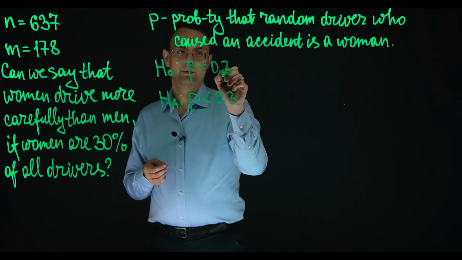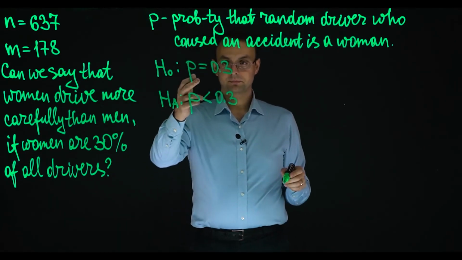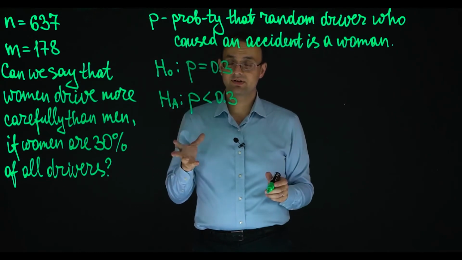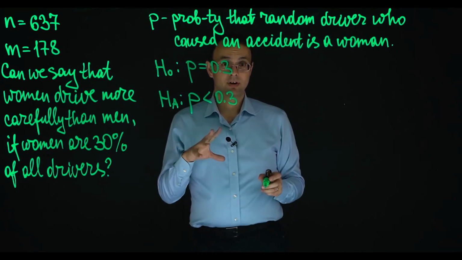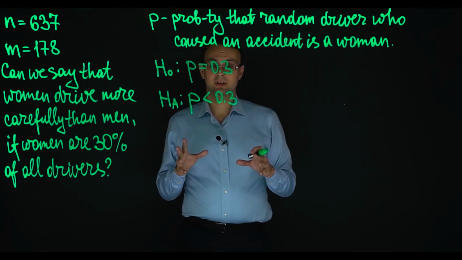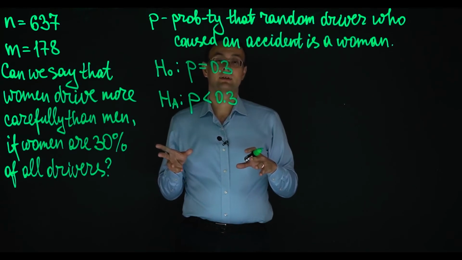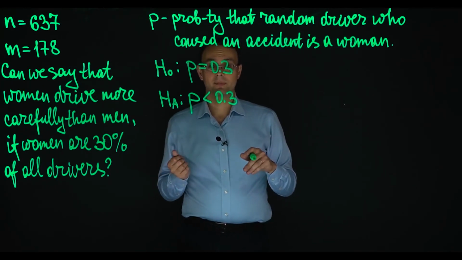The physical meaning of the null hypothesis is that men and women drive equally carefully, so that women drive as carefully as men, not less and not more.